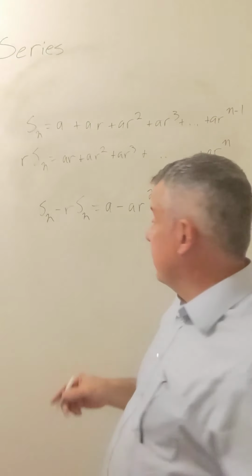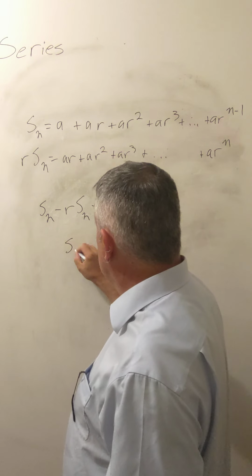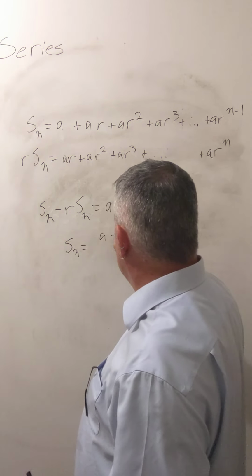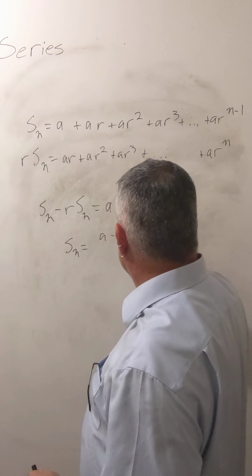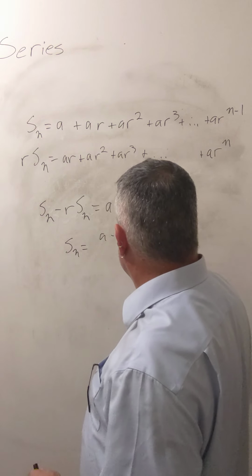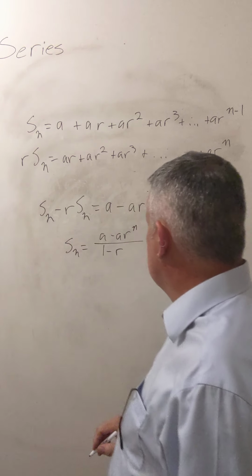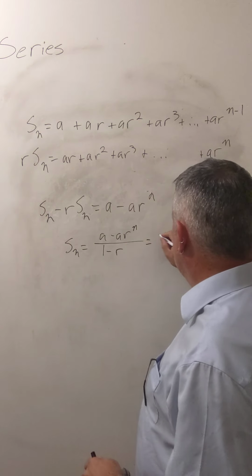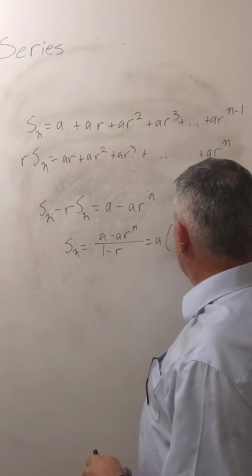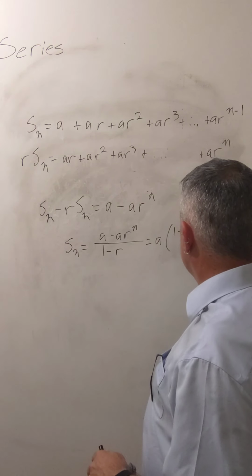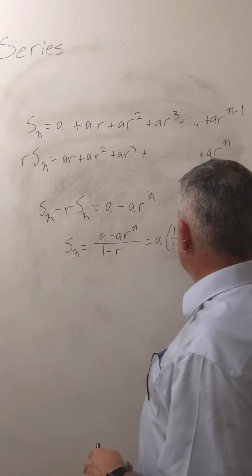Now, we can do a little bit of algebra and write Sn equals a minus ar to the n, over 1 minus r. Or simplifying a little bit more, a times 1 minus r to the n over 1 minus r.